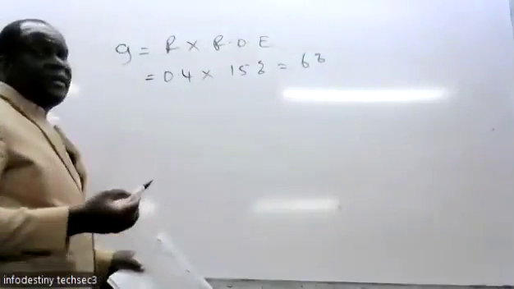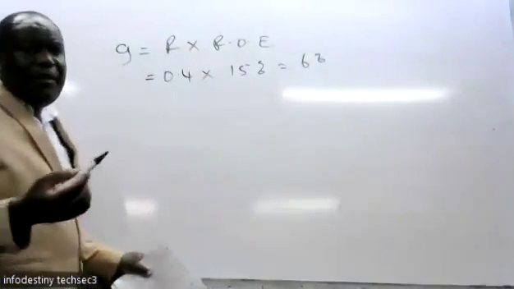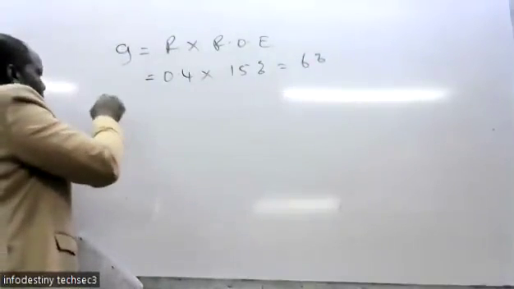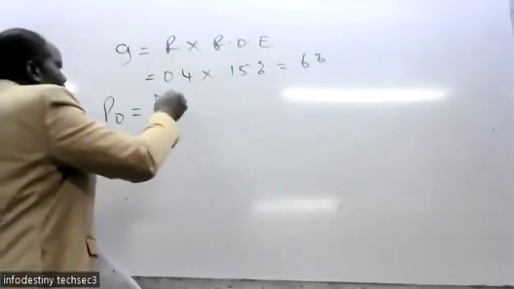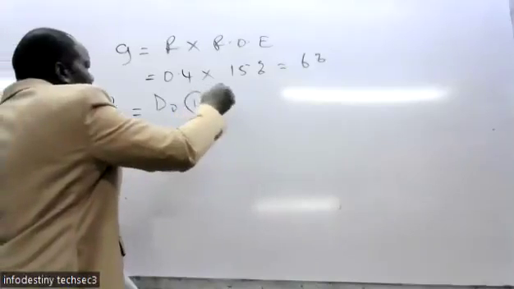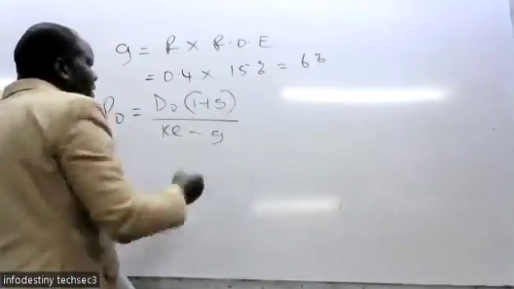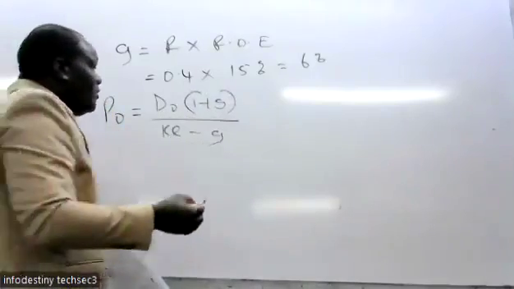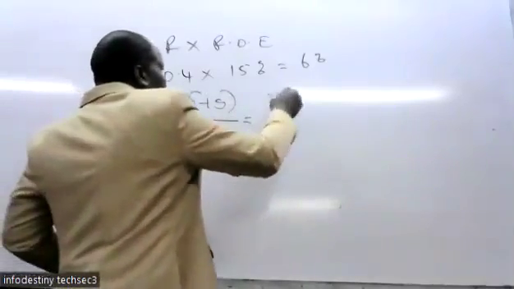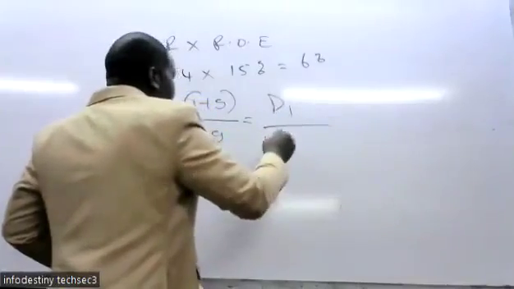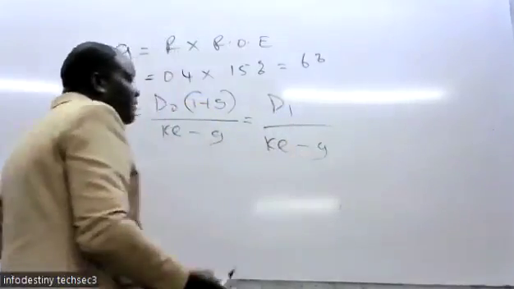So we want to get the value of the share. The value of the share is P0, which is D0 in the brackets of 1 plus g, divided by Ke minus g. It is the same as D1 divided by Ke minus g.